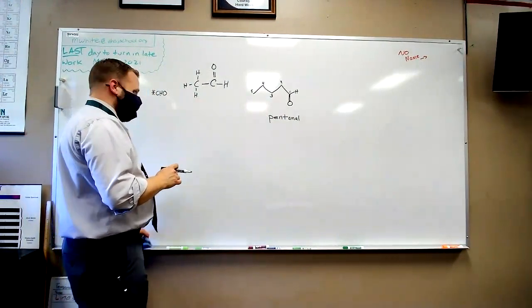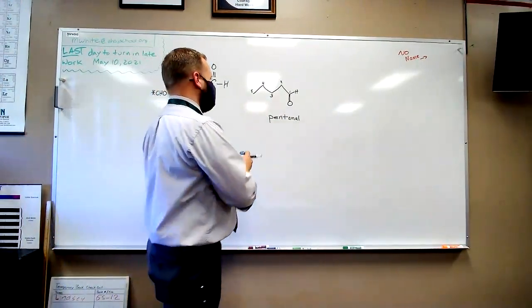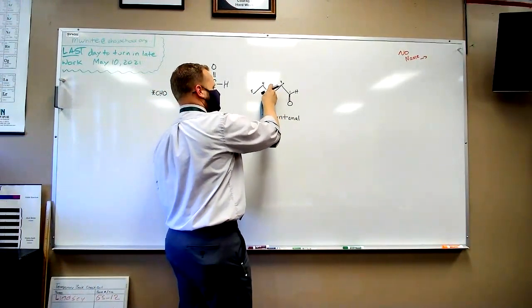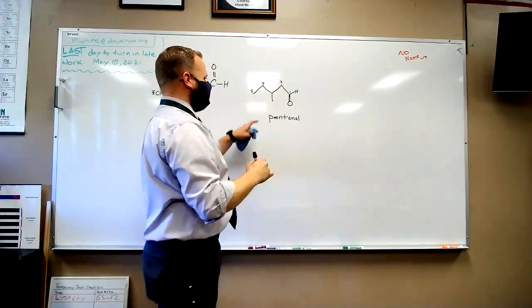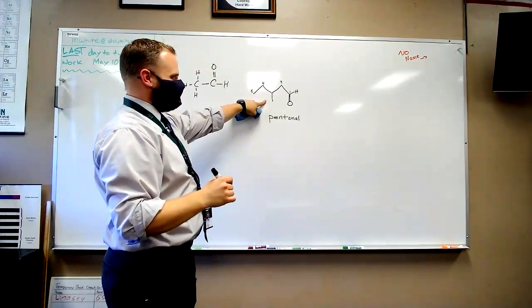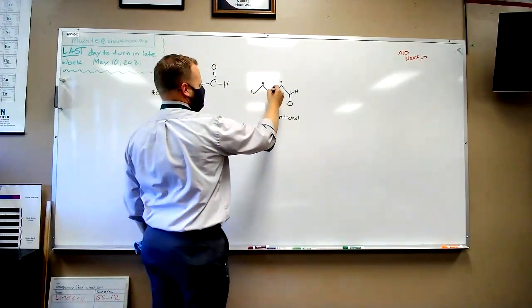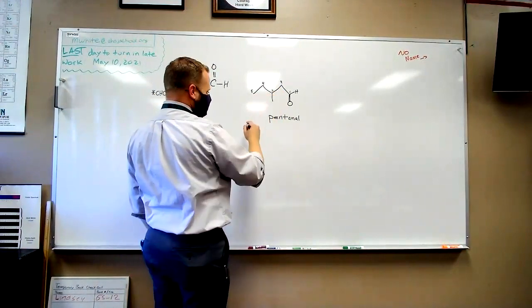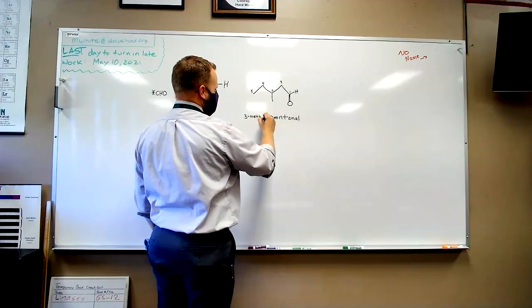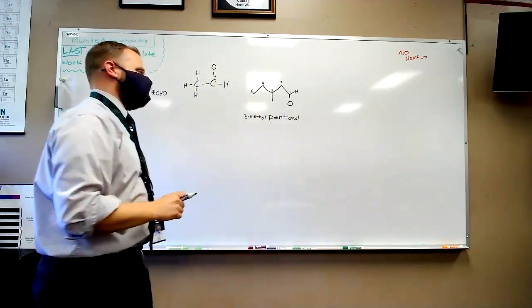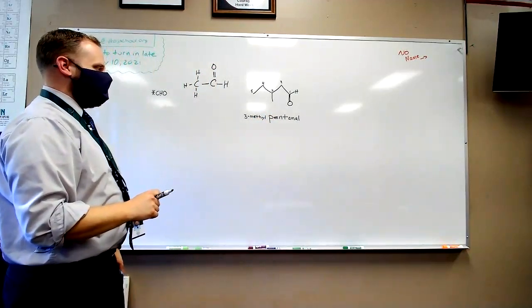Of course, we can branch these as well, just like we can with all of our other things. So if we put a methyl group right there, that is carbon 3. So this would be 3-methylpentanal.